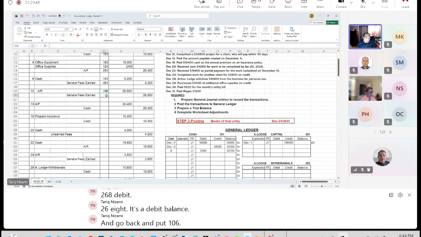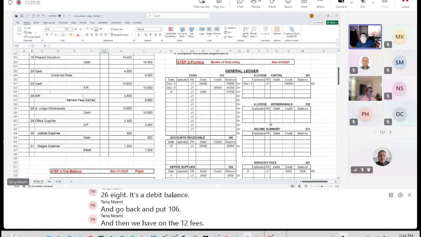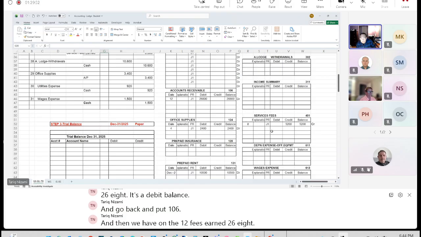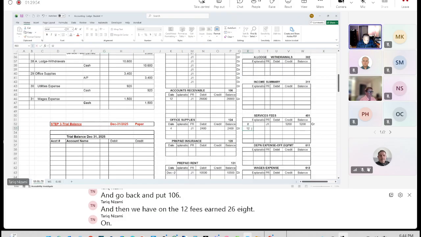And then we have on the 12th fees earned 26.8 on the 12th. J1, 26,800.